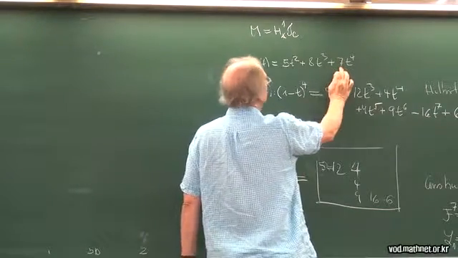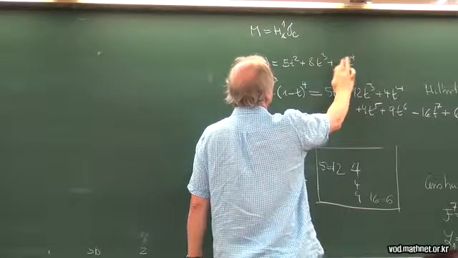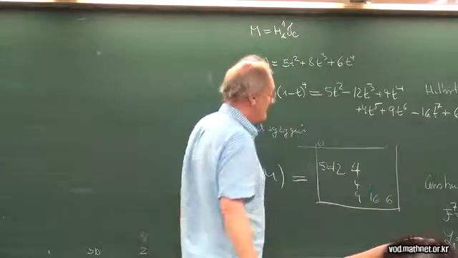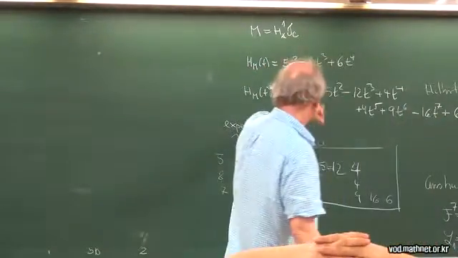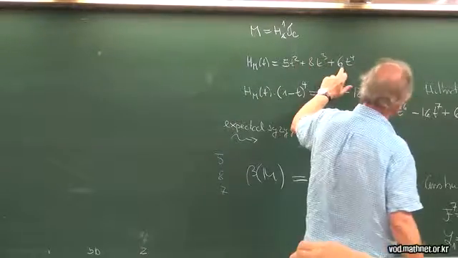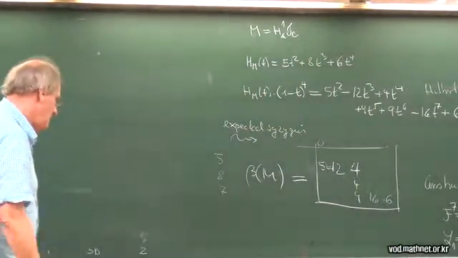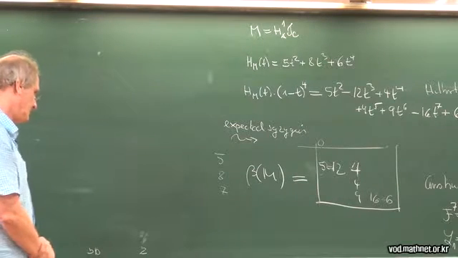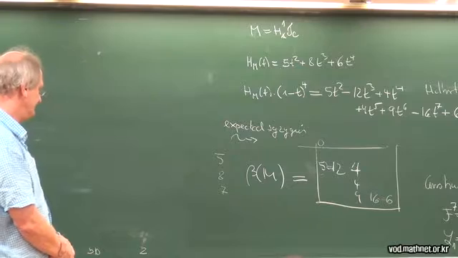I think this better be a 6, otherwise it's not going to work. Right? And I must have made a mistake, yeah. In the computation before, I made a mistake in taking a difference. It was 41 minus 35, and I wrote 7, but it's 6.